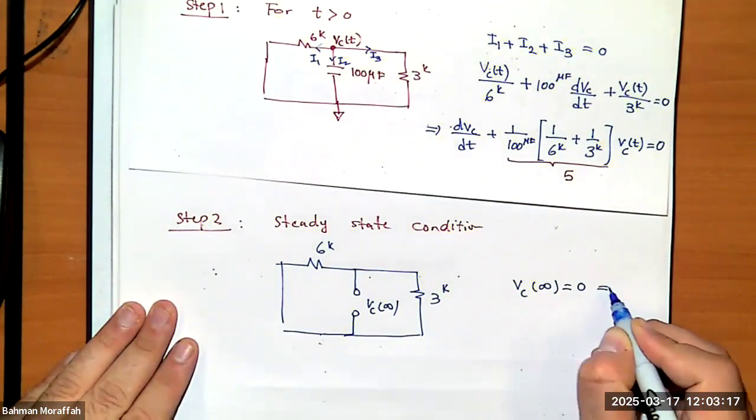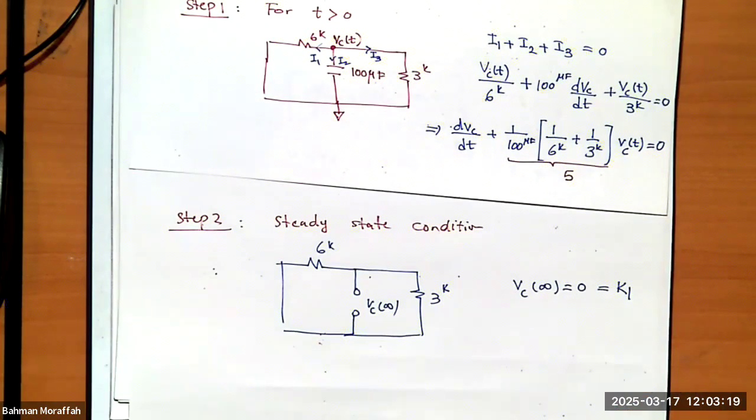That is 0. Therefore, K1 must be 0. Which confirms our intuition, because there is no force, there shouldn't be any K1. Down one constant, we got to find another one. We got to find K2.